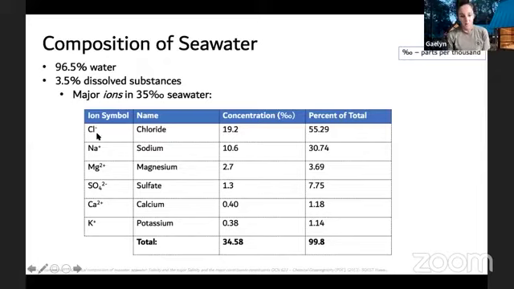And our ions are going to try to bond with each other to create a balanced state. So they're all in the ocean in different concentrations and different quantities. This symbol here means parts per thousand. And so your salinity, or how much salt you have in your water, is going to be measured by parts per thousand.